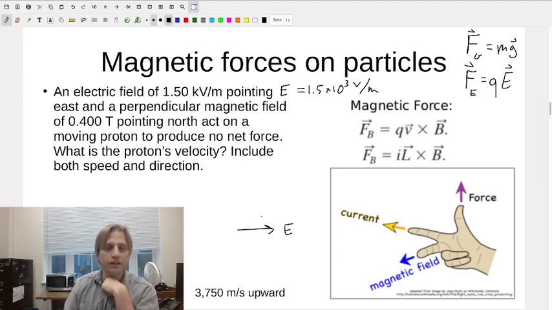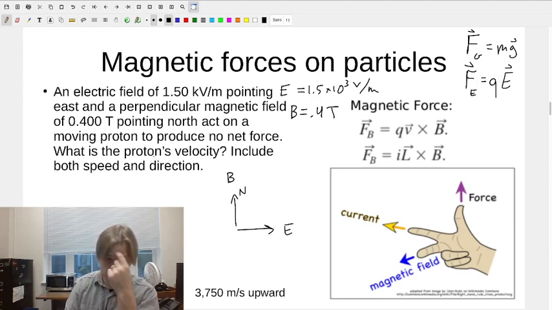And a perpendicular magnetic field of 0.4 Tesla pointing north. So here's B pointing north. Act on a moving proton to produce no net force. What is the proton's velocity? Include both speed and direction.